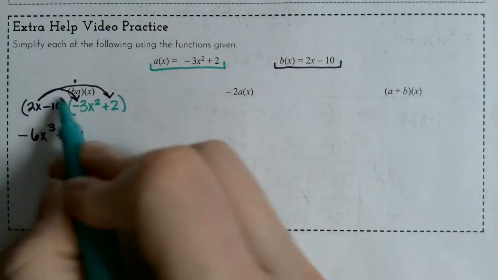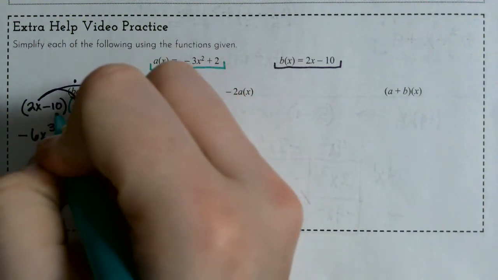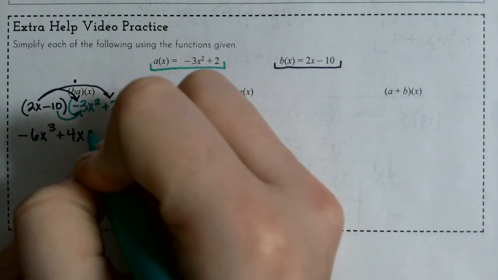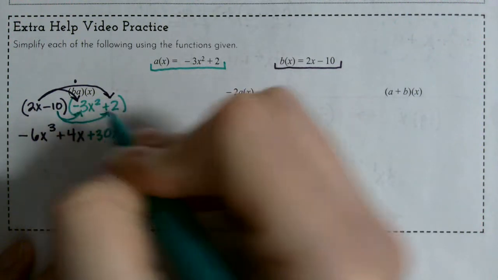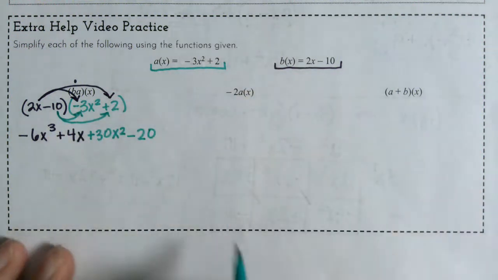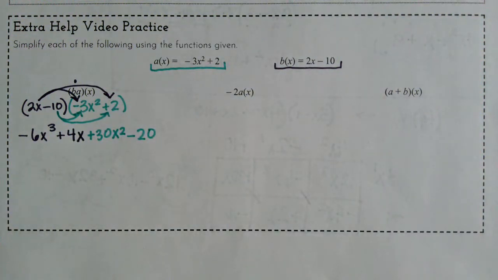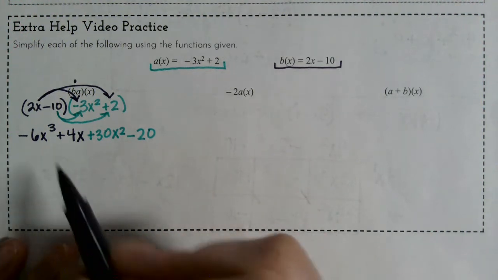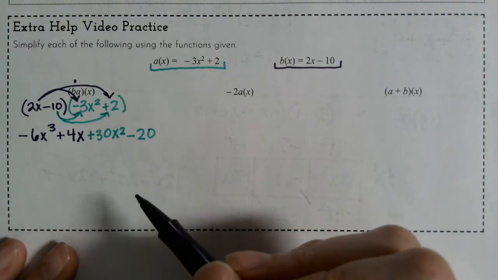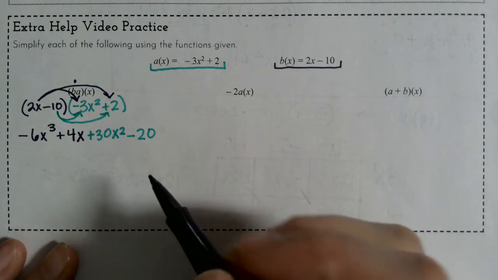Then I need to do the same thing for minus 10. Don't forget that part. So minus 10 goes here to give plus 30x squared. And over here to give minus 20. So now I just need to combine any like terms and reorder it if necessary to be in order of highest exponent to lowest.